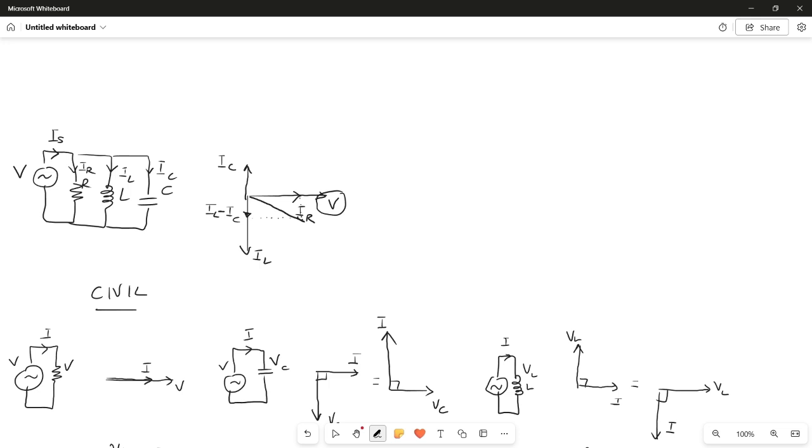And this is my IS. So this IS adds up the IR as well as the IL and IC. And that's it. That's my phasor diagram. Done.